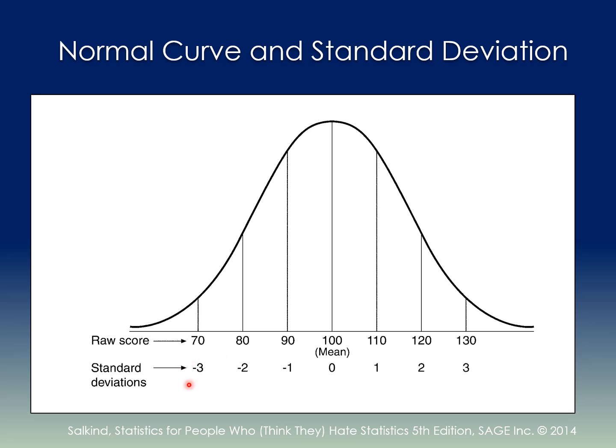The important thing to remember is that the x-axis for the normal curve is expressed in standard deviation units. You're probably not going to see the raw score. And that makes sense because we use the mean to describe the center of the normal curve, and to describe the spread of scores about the mean, we don't use raw scores. We've always used standard deviations because that's our measure of variance.